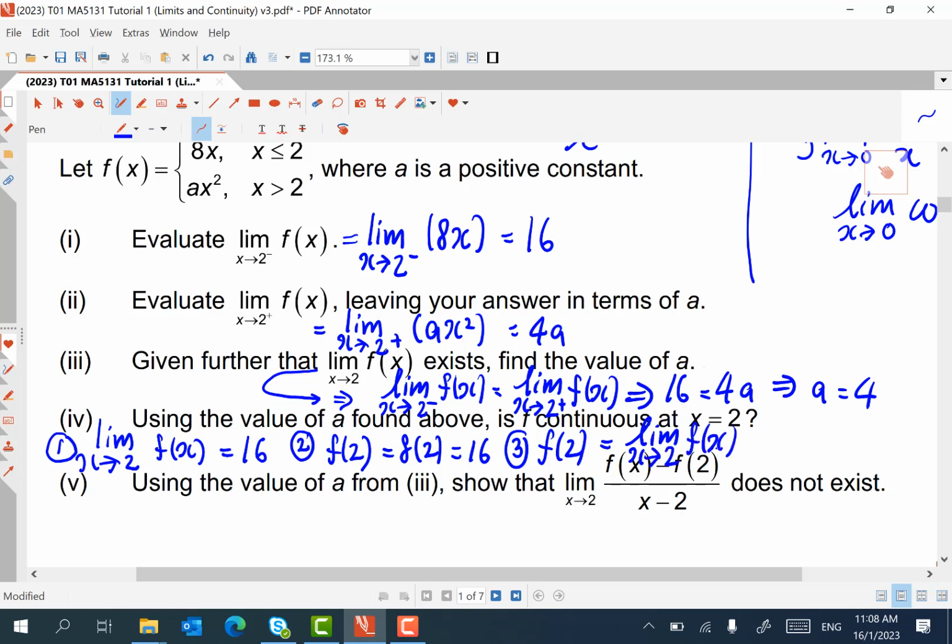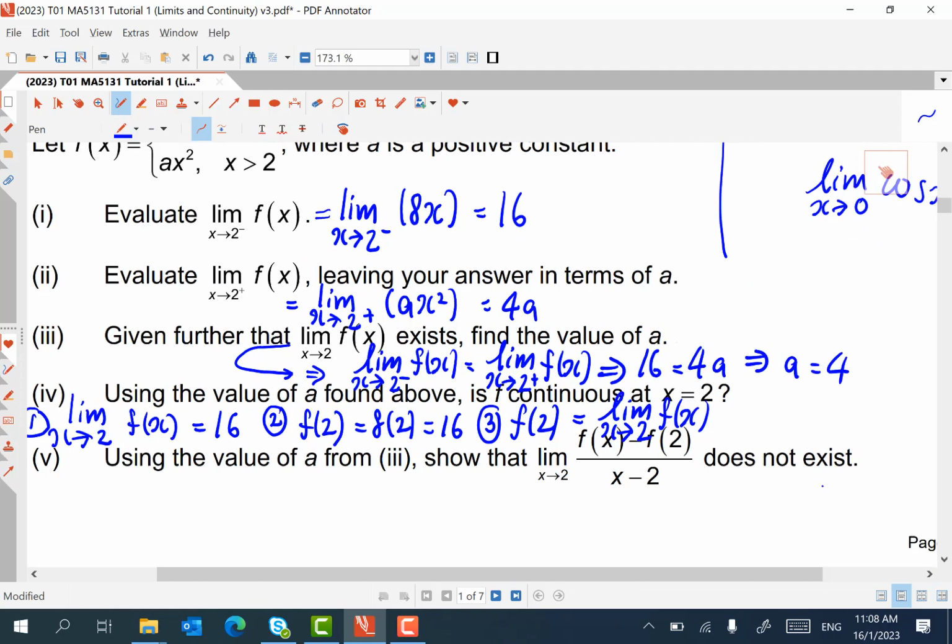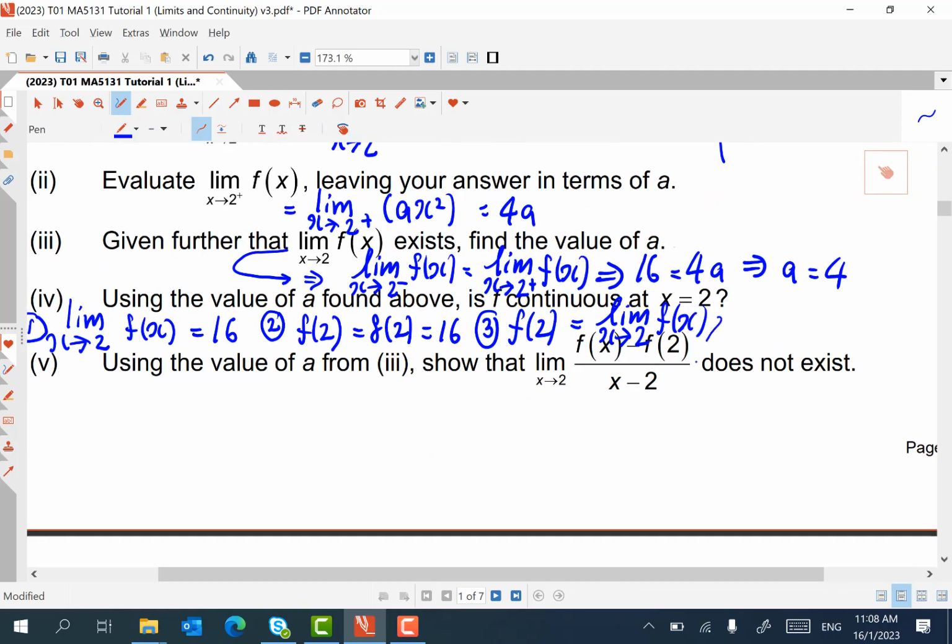So we have all 3 conditions, that means it's continuous. Therefore, by 1, 2, and 3, f is continuous at x equals 2.